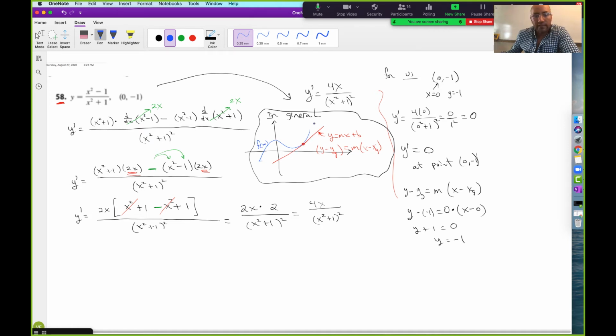It touches at exactly 1 point, and the equation of the tangent line is going to be a straight line, and lines have one of these 2 forms. Does that make sense?